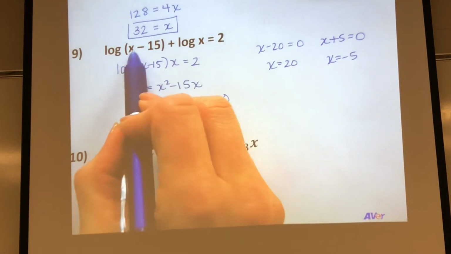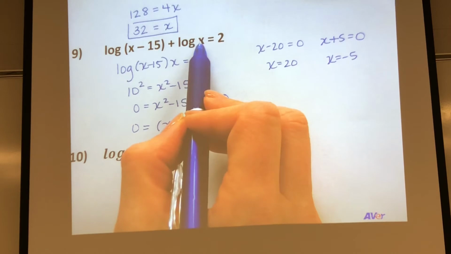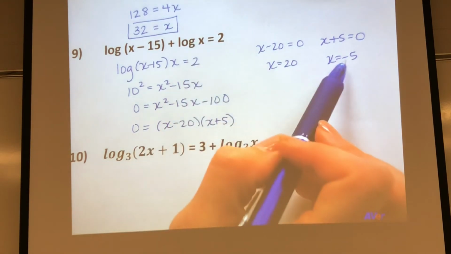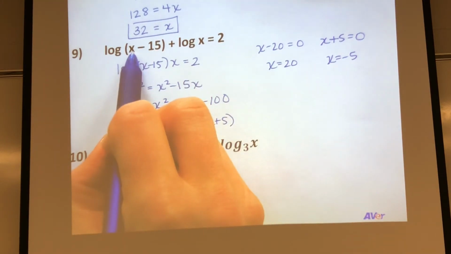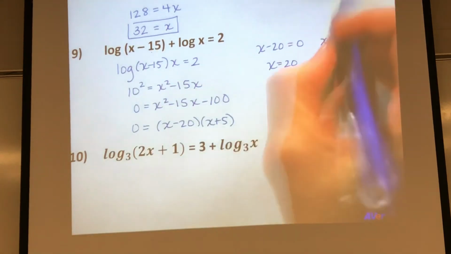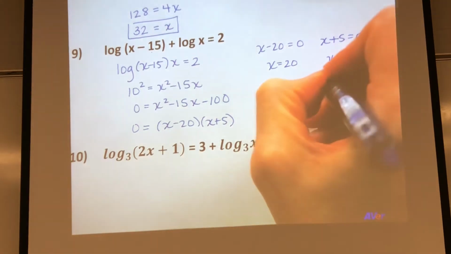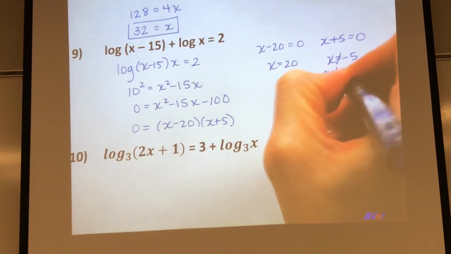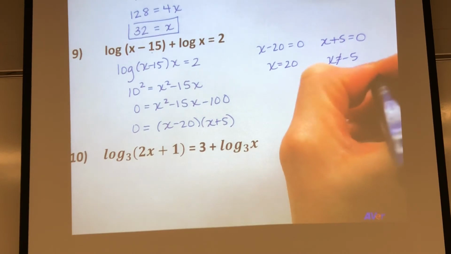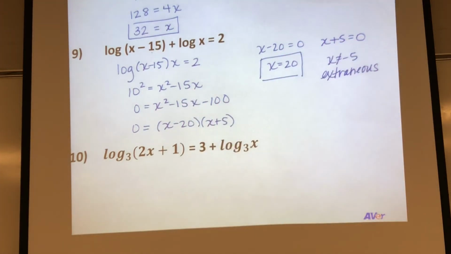If we put 20 in, 20 minus 15 is 5, that's positive, and put a 20 in here, it stays 20, so that's positive. If you put negative 5 in, negative 5 minus 15 is negative 20. That's not okay. So we'll cross out the equal sign. x can't equal negative 5, and we use the word extraneous. So it's an answer that we found when we did it correctly, but it doesn't work in our problem.